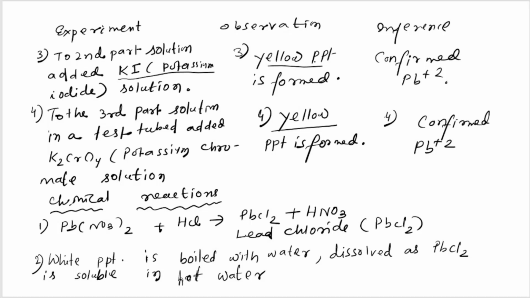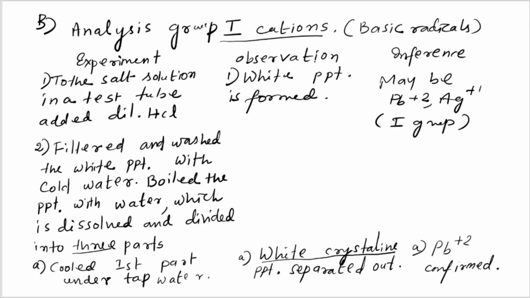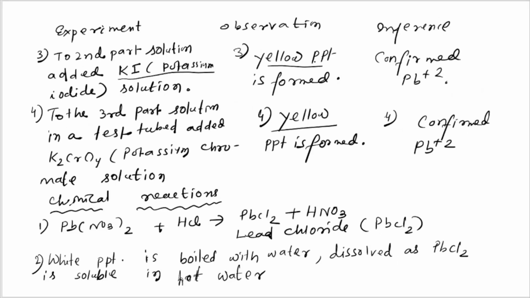Lead belongs to the first group, and with dilute HCl it gives PbCl2, that is our white precipitate, and in hot water it dissolves; boil it and divide into 3 parts. One part is only cooled, and after that it gives crystalline PbCl2. The second part, KI, potassium iodide, which is colorless, immediately gives a yellow precipitate, lead iodide, which is yellow. Similarly, potassium chromate solution is added, that is also a yellow precipitate.